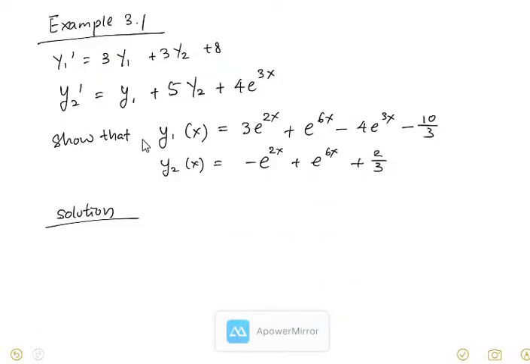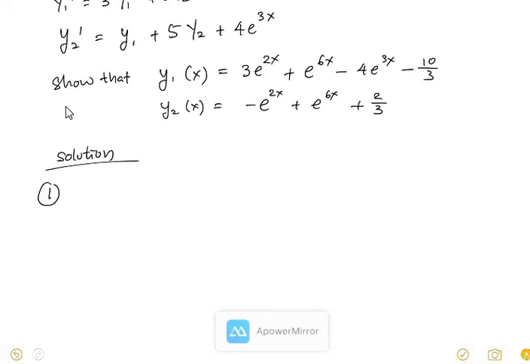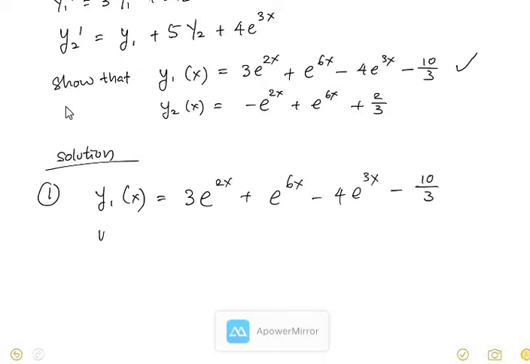In this question, we need to show that y1 and y2 are the solution for y1 prime and y2 prime. To do this, the first step is to write down y1 and find y1 prime. So y1 is 3e^(2x) plus e^(6x) minus 4e^(3x) minus 10/3. We differentiate y1(x) to get y1 prime.